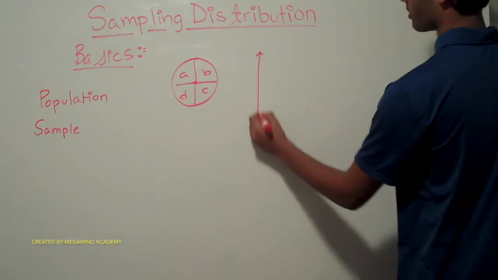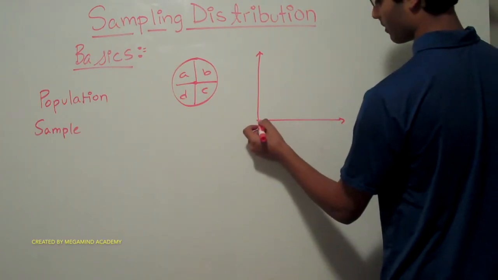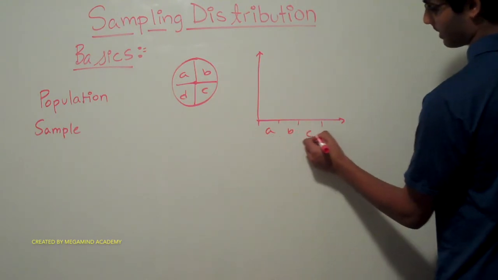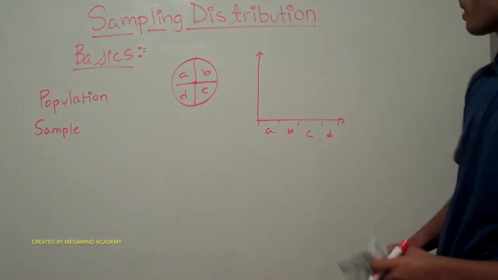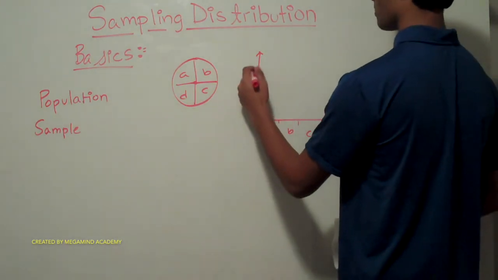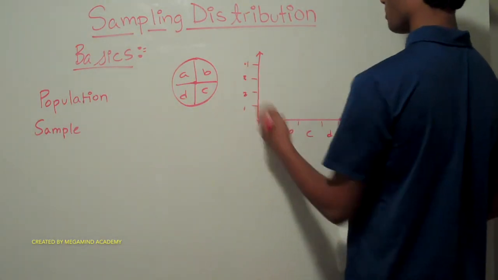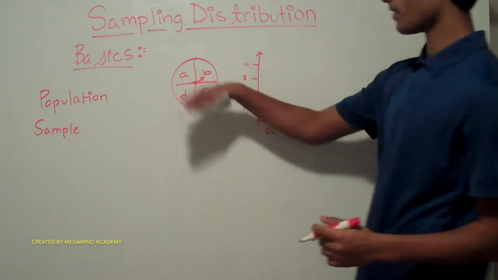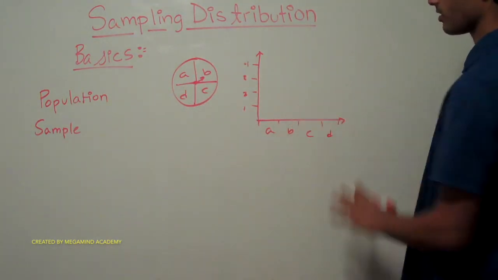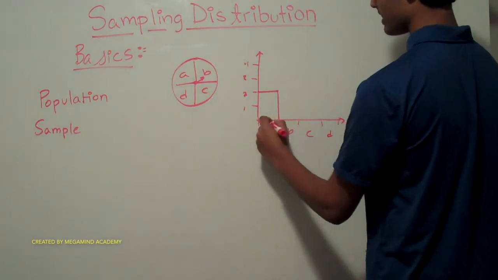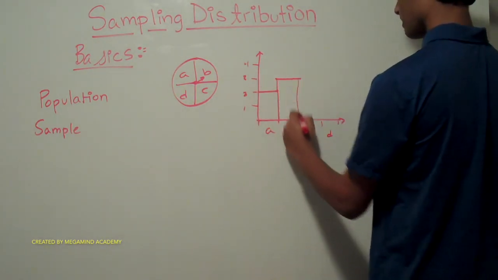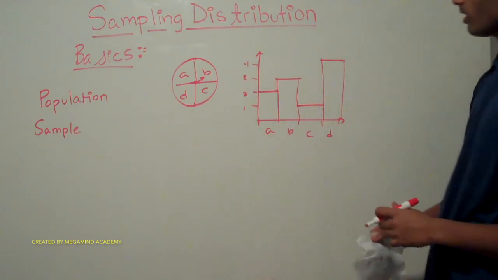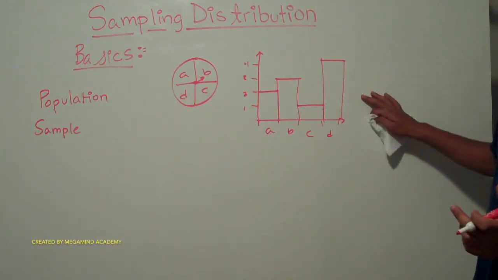Then you have your bar graph off to the right with A, B, C, and D, and then values. In a sample distribution, you would spin the spinner, record whatever value came out, and put that in the histogram. So let's say you have 2 A's, 3 B's, 1 C, and 4 D's. This is what your sample distribution would look like.